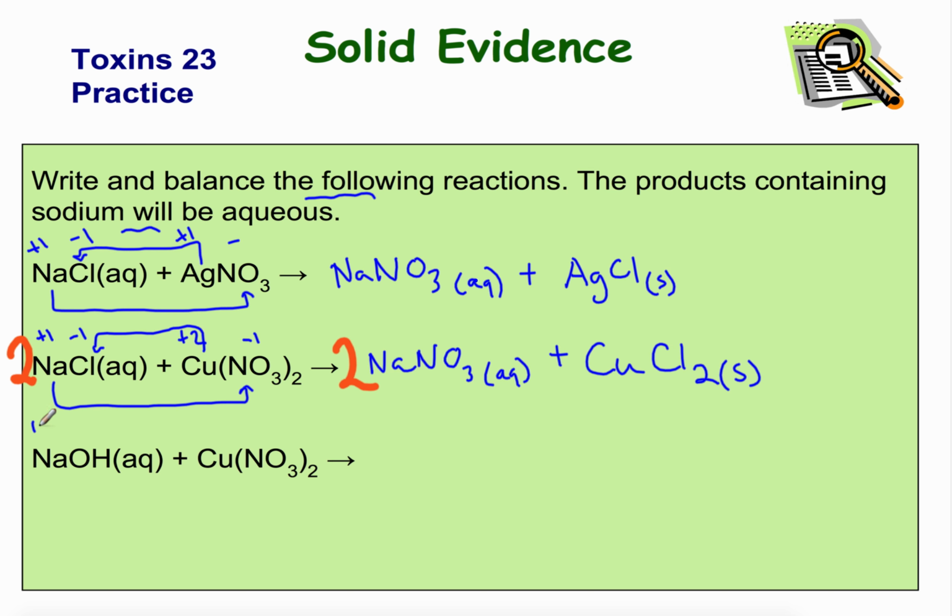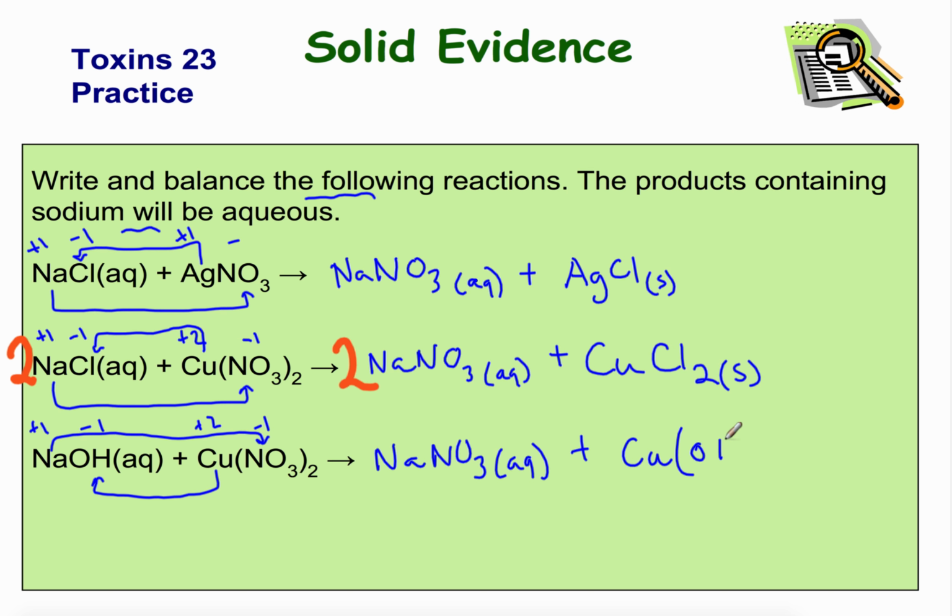Now our final one here. Sodium hydroxide: sodium is +1, hydroxide is -1, copper +2 again, -1 for the nitrate again. So again, copper goes after the hydroxide, sodium goes after the nitrate. So again, we're going to have NaNO3 as one of our products, which will be aqueous. And then the other product will be copper(II) hydroxide, because copper's 2+ and hydroxide's -1.